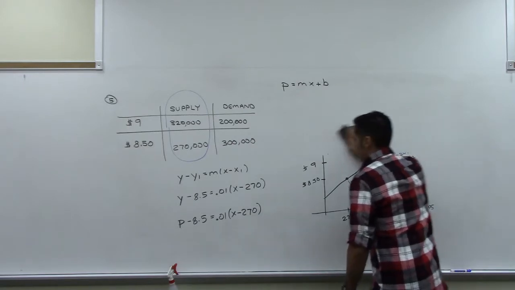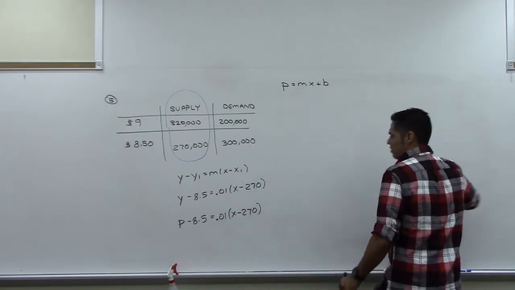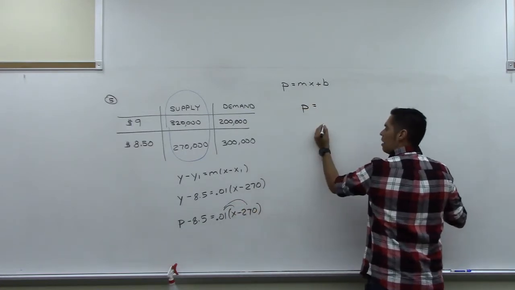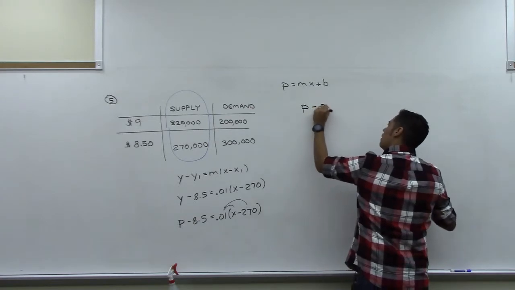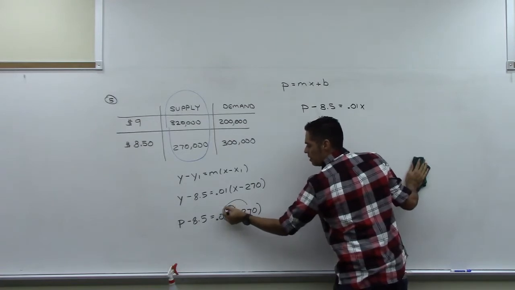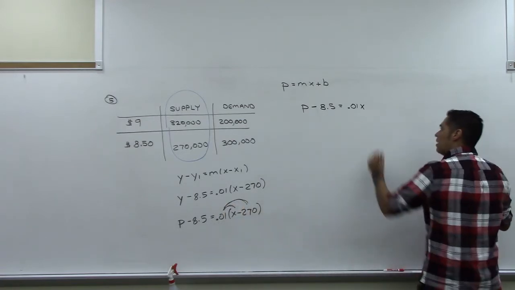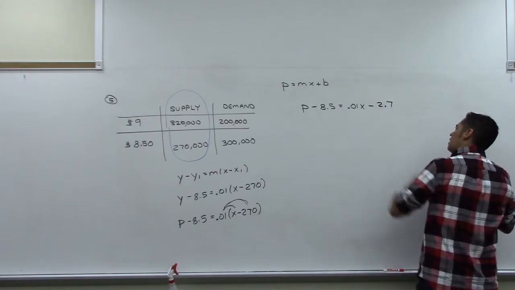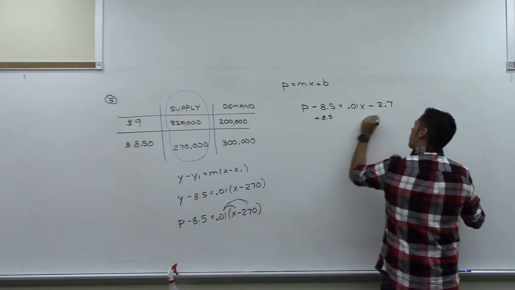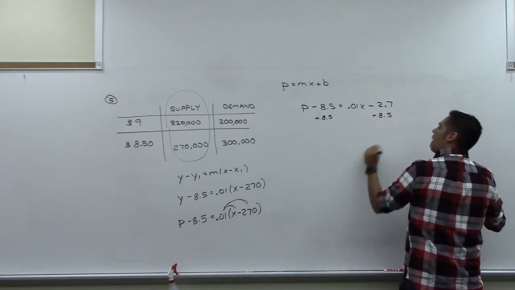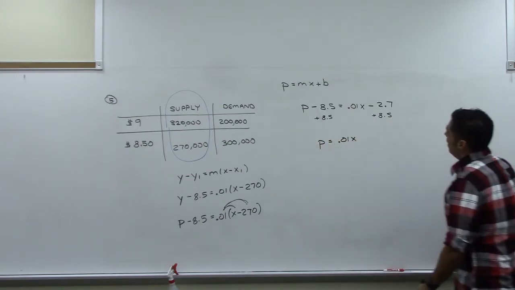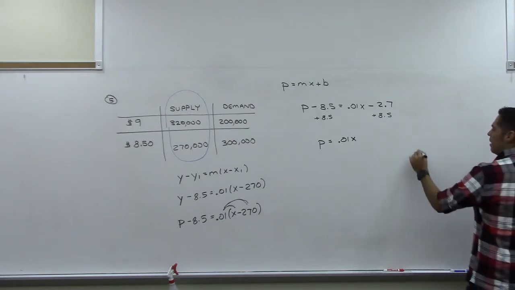What we need to do is distribute this through here. So we get p minus 8.5 equals 0.01x, that's what happens when I multiply this times this, and then 0.01 times 270 should be minus 2.7. And now we add 8.5 to both sides. Okay, so p equals 0.01x, and then I need my calculator for that.